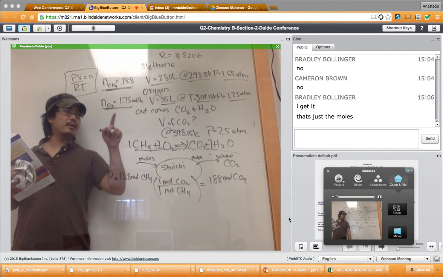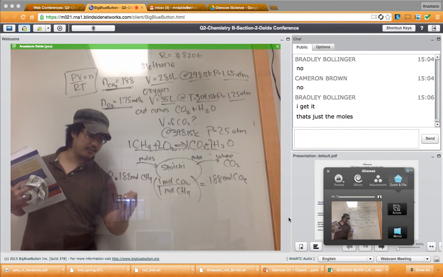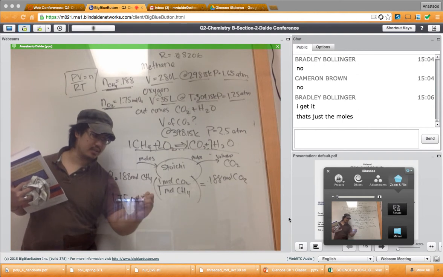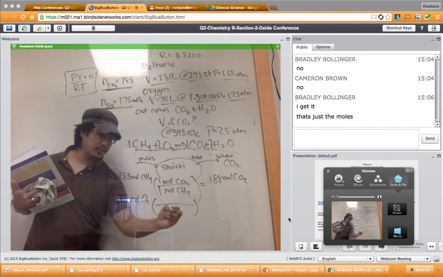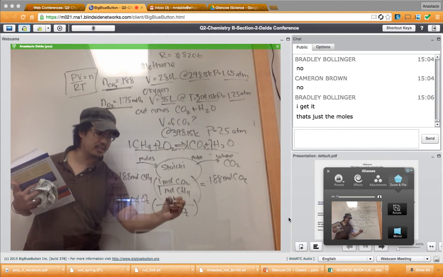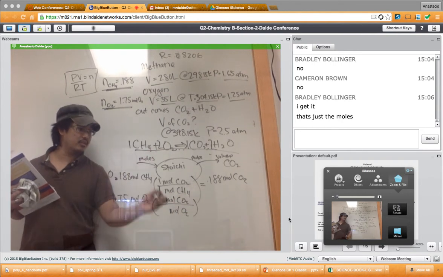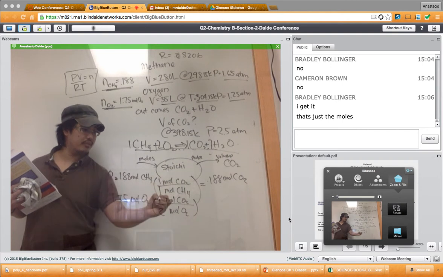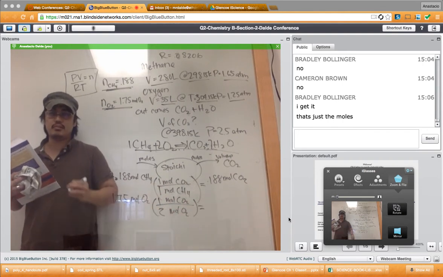What about the oxygen? Let's try that. If we start off with 1.75 moles of oxygen, and we want to go from moles of O2 to moles of CO2, let's see, the coefficients tell me to put a 2 down here and a 1 over here. So what is 1.75 divided by 2?